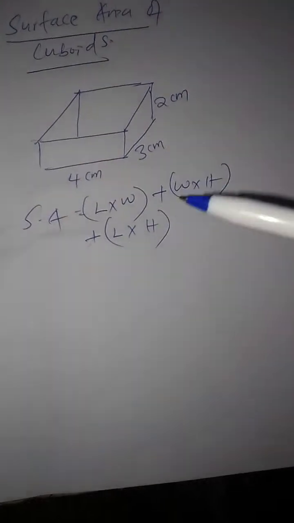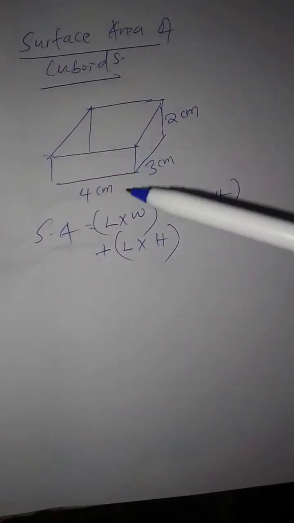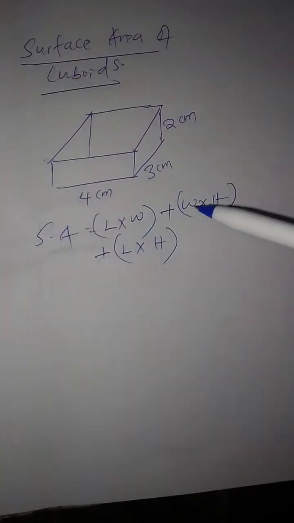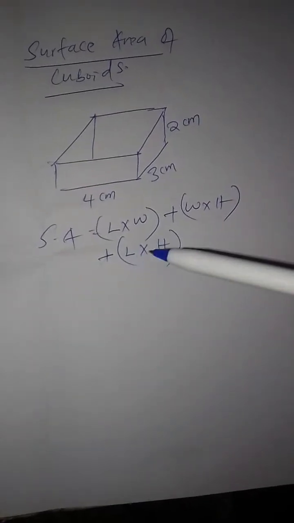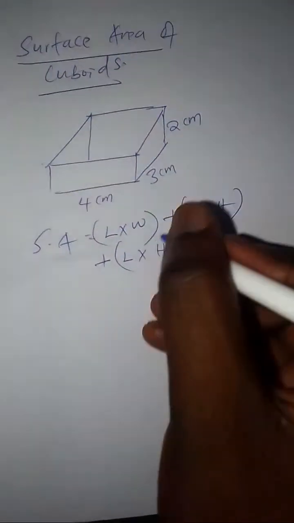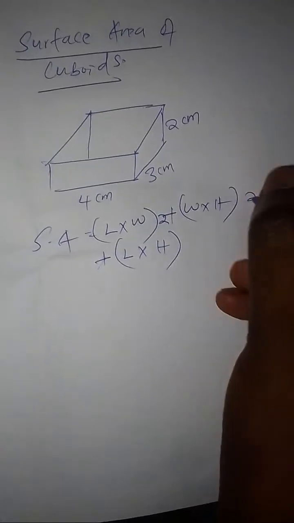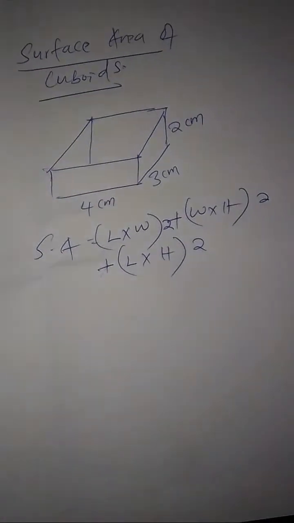So the surface area is given by this: length times width, width times height, and length times height. All these we multiply by 2.